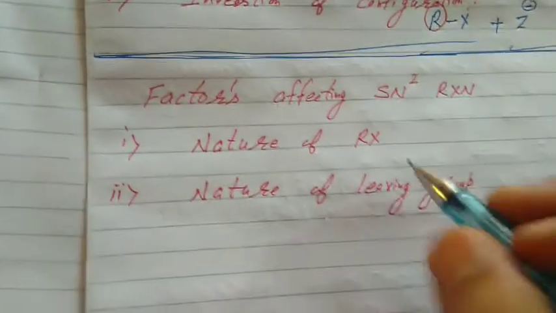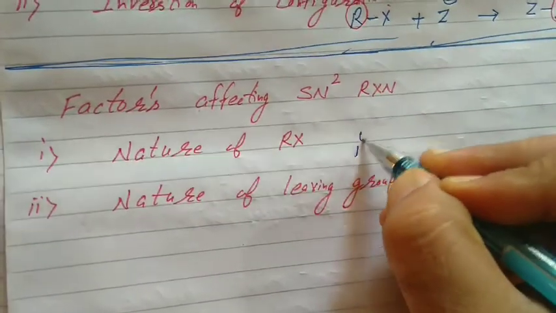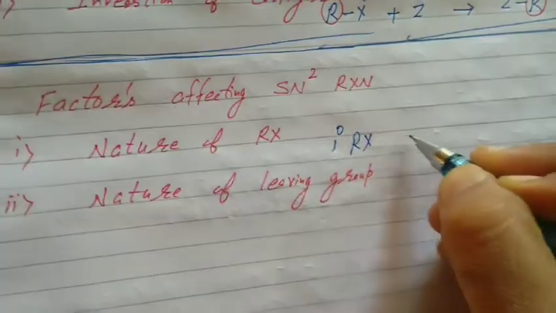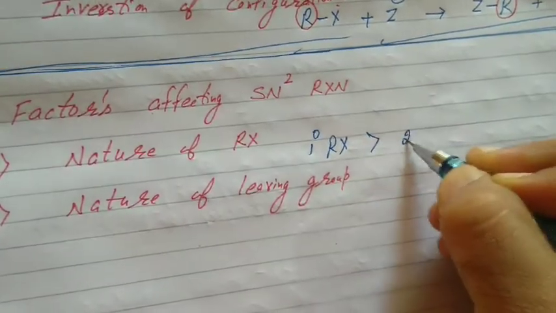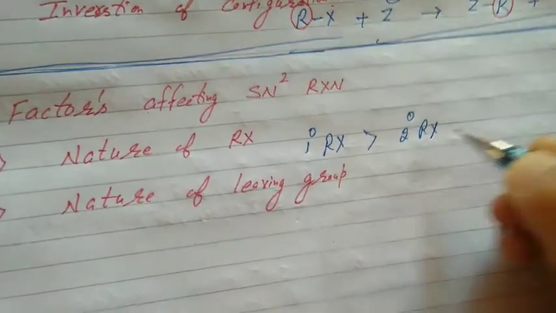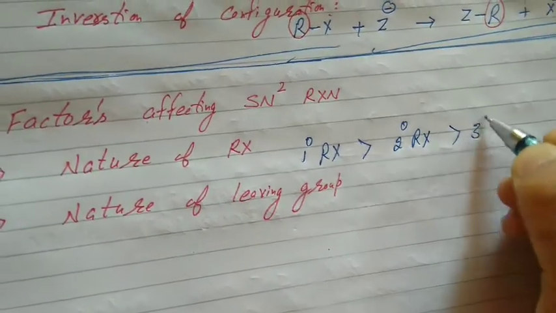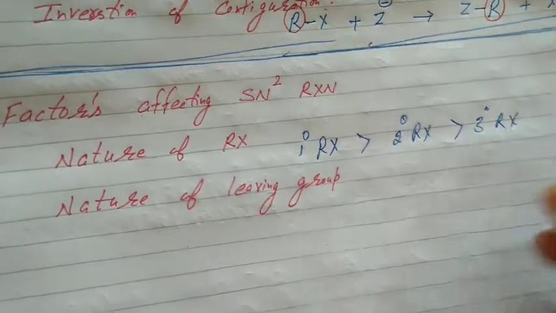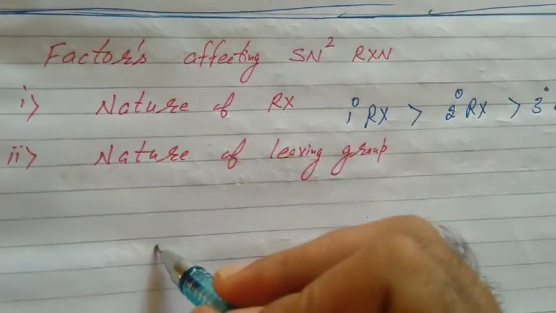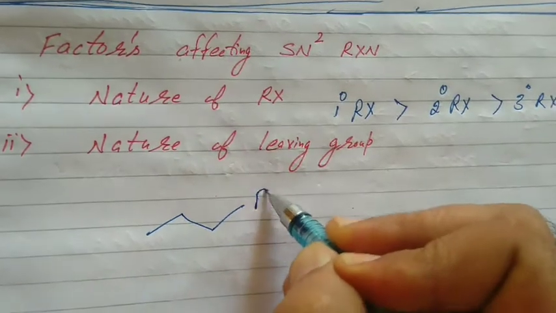Which is more reactive? Nature of RX. Students, 1 degree haloalkane, then 2 degree haloalkane, and then 3 degree haloalkane. I mention here some examples.